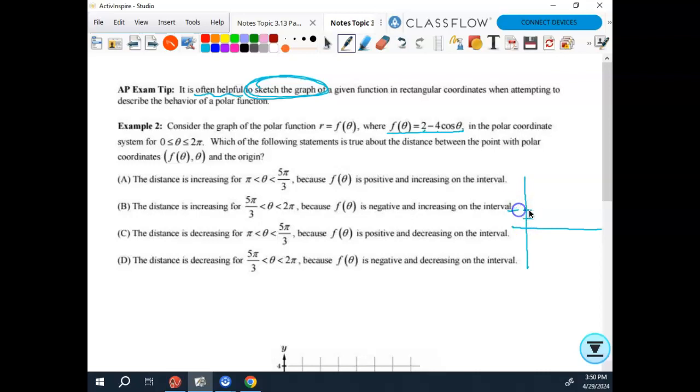Here is my midline. This is my A value, so from there I got to go up 4. And from here I got to go down 4. 1, 2, 3, 4. Okay. And this is a cosine function, so I know that my parent function for cosine looks like this, all right?